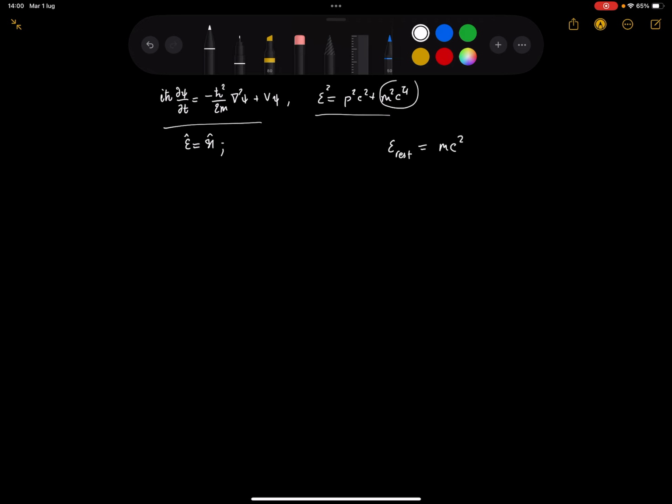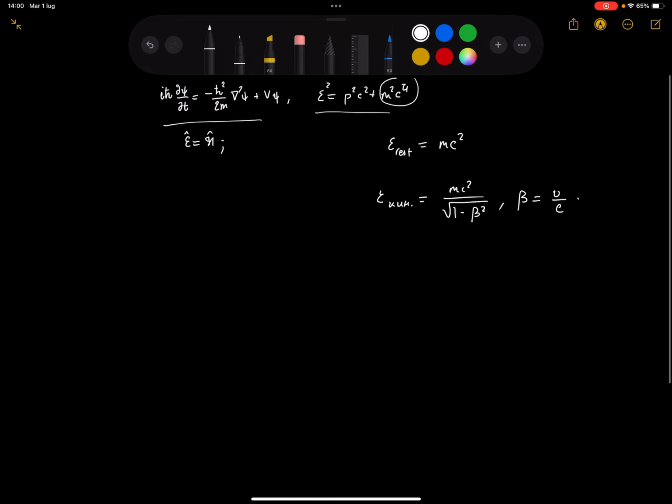And the kinetic energy of motion, which is, for example, studied in field theory in electrodynamics, is E kinetic equal to mc squared times this term, where beta is equal to v over c, the Lorentz factor, or whatever you call it in English.